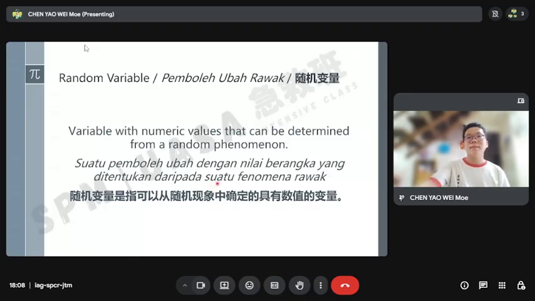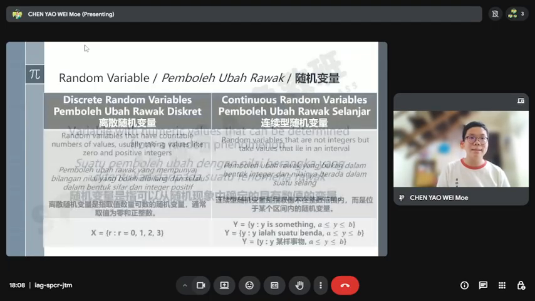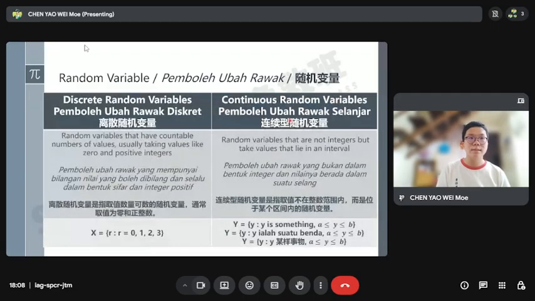We have two types of random variables. One is discrete, one is continuous. Discrete is like the things that you can count one by one. For example, just now I said 10 people who wear glasses.